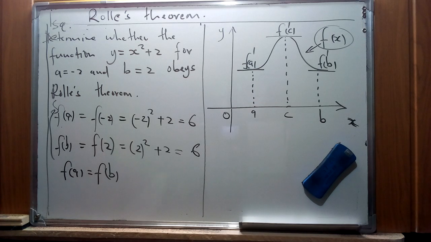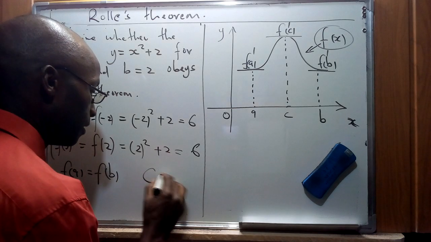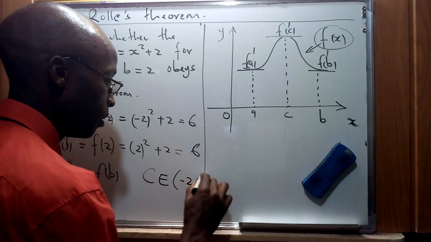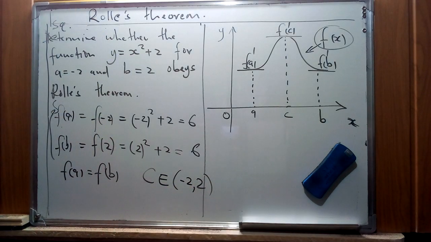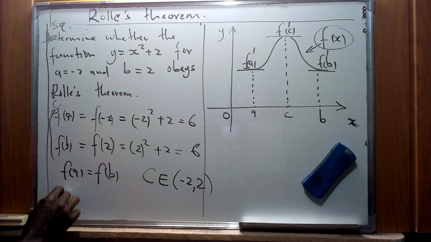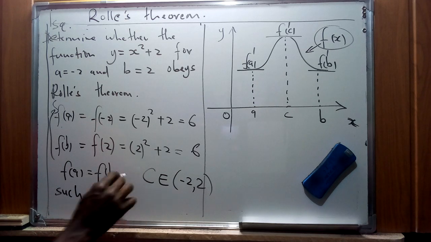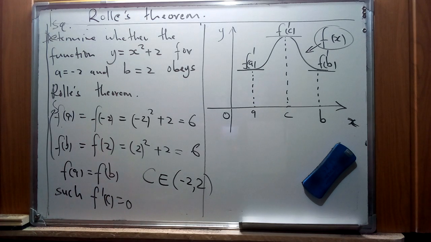That value is going to exist within the range of numbers we have been given. So c is going to be in the set -2 to 2, that is a and b, such that the first derivative of c equals 0.